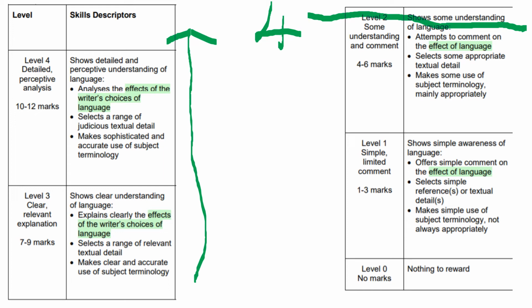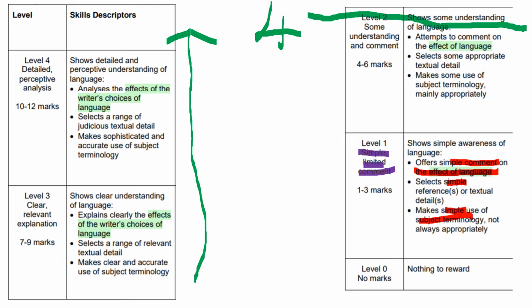If you have a look as we go through it, to get 0 marks, there's nothing interesting in there. To get level 1, not grade 1, but just the first band, simple limited comment. That's quite self-explanatory, really. A very simple comment about the effect, and you just pick out simple quotes and use simple subject terminology.